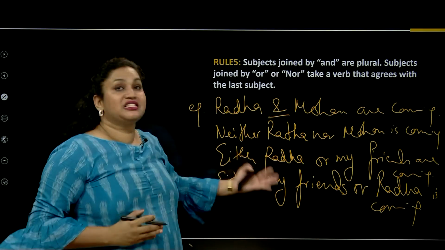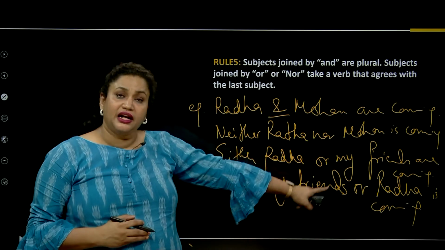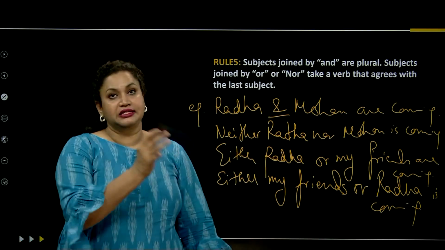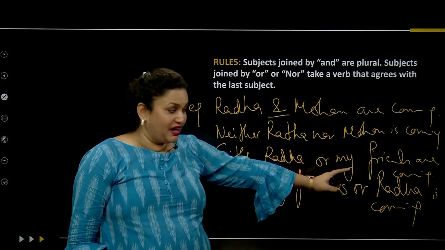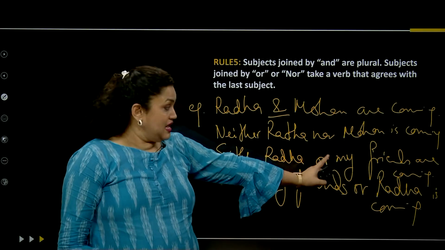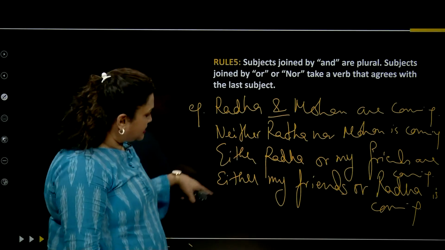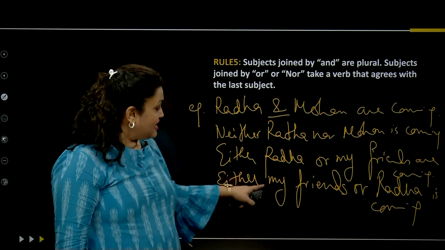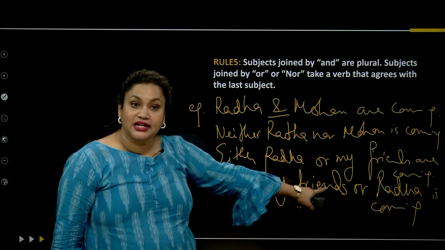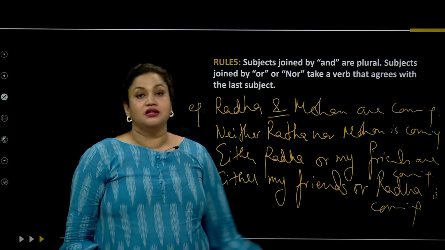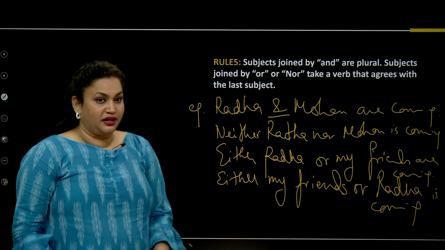Otherwise, whichever noun is nearer to the verb, the verb takes the same form. In this case, either Radha or my friends are coming. My friends are plural and it's nearer to the verb, therefore I used "are". In the third sentence, I say either my friends or Radha is coming. Because Radha is singular, I have used a singular verb. Clear? I hope this is clear now.